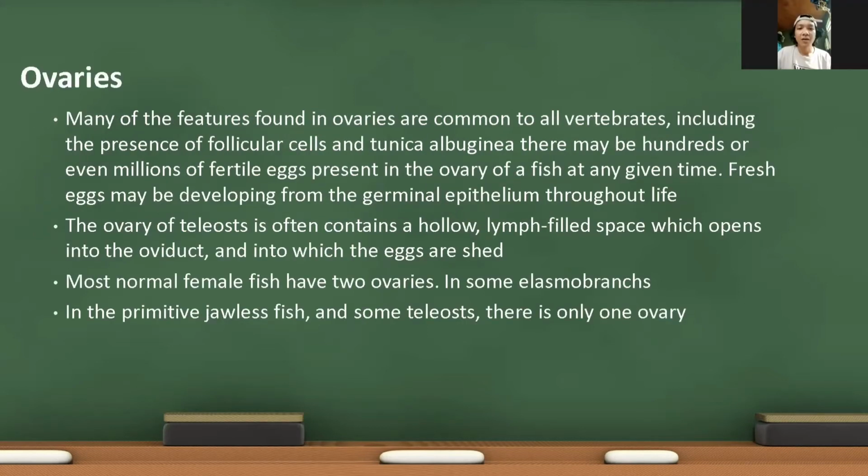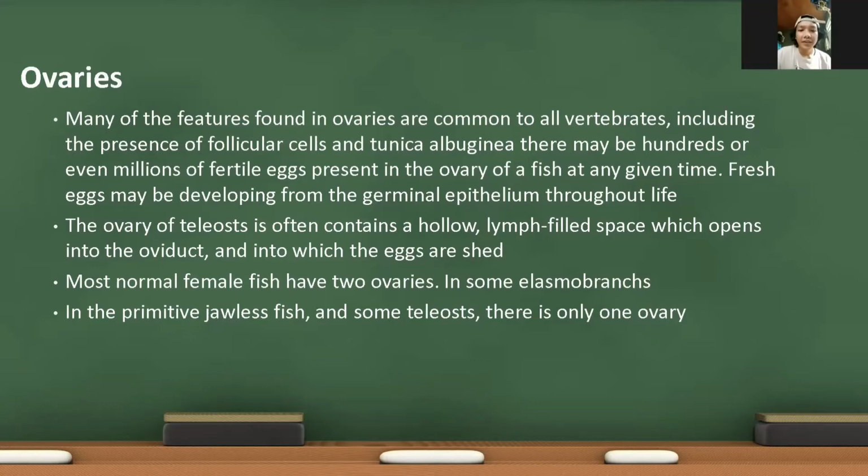In the ovaries, many of the features found are common to all vertebrates, including the presence of follicular cells and tunica albuginea. There may be hundreds or even millions of fertile eggs present in the ovary of a fish at any given time.